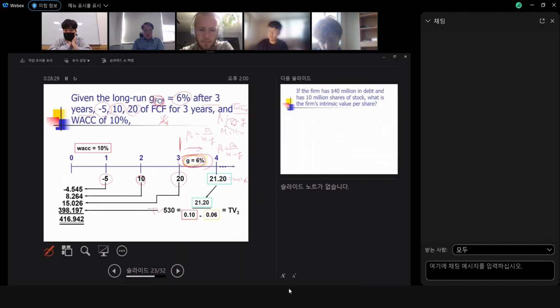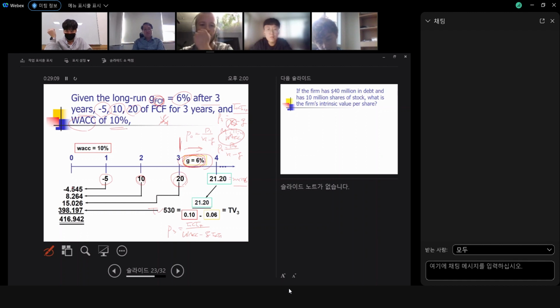So the denominator is not Rs, but WACC. So P3 can be calculated by free cash flow at time 4 divided by WACC minus the free cash flow growth rate, right? Free cash flow at time 4 is expected to be 21.2 because $20 times 1.06, right? And WACC is already given.